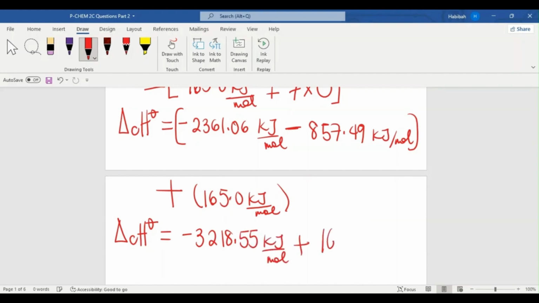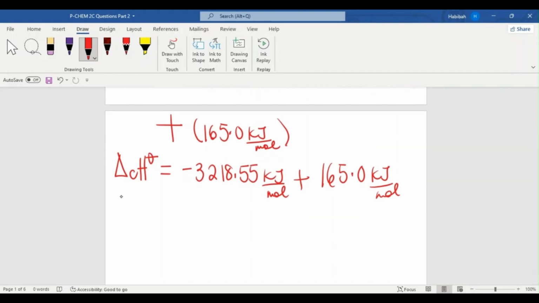plus 165.0 kilojoule per mole. Change in enthalpy of combustion is now going to equal negative 3053.55 kilojoule per mole.